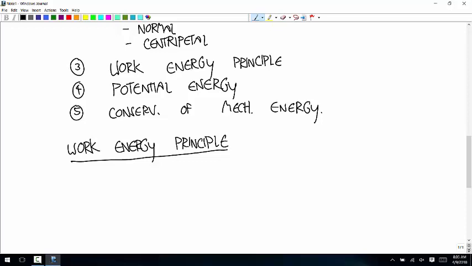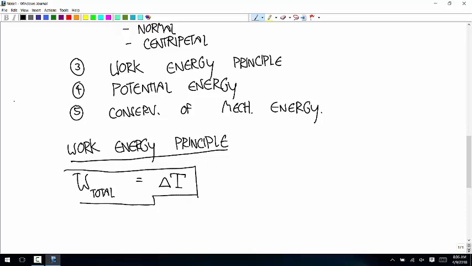And so the work energy principle says the total work done on an object is equal to the change in kinetic energy. So this is the intuitive way of thinking about it. Remember the examples we did were the guy on the elevator.